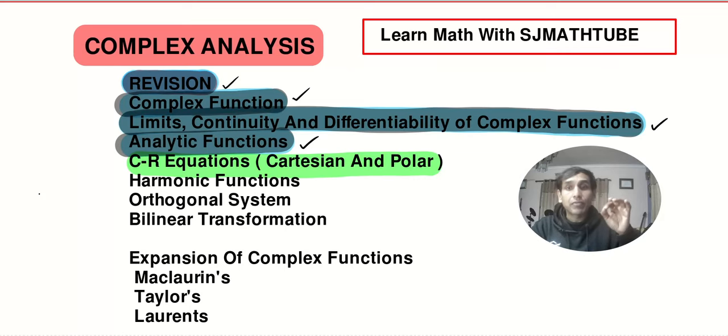And to prove a function is analytic is very difficult unless and until you learn the Cauchy-Riemann equation, called the CR equations. And in this video we're going to learn the necessary condition for a function to become analytic, that is the CR equation.